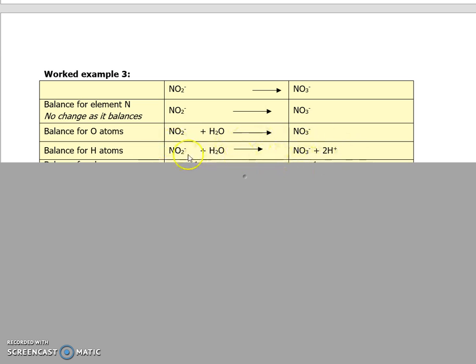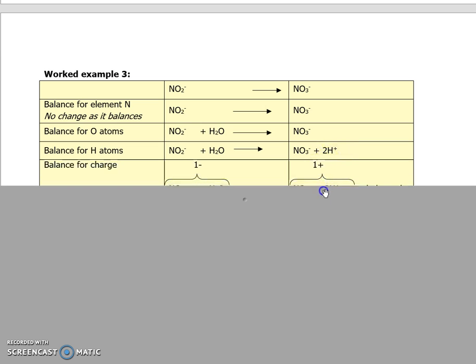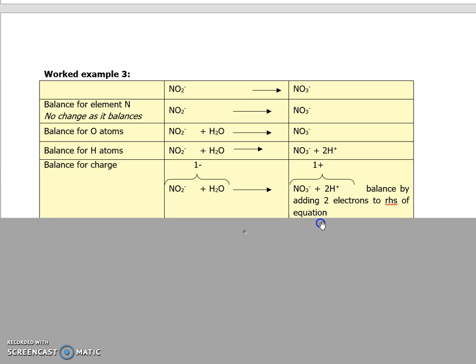Now we look at the charge. We've got minus 1 plus 0 is minus 1. On the other side we've got a minus 1 plus 2 positives, which equals plus 1. So again, to balance these out, we need to add electrons. This time we're adding them to the right-hand side of the equation to take our charge down to minus 1.